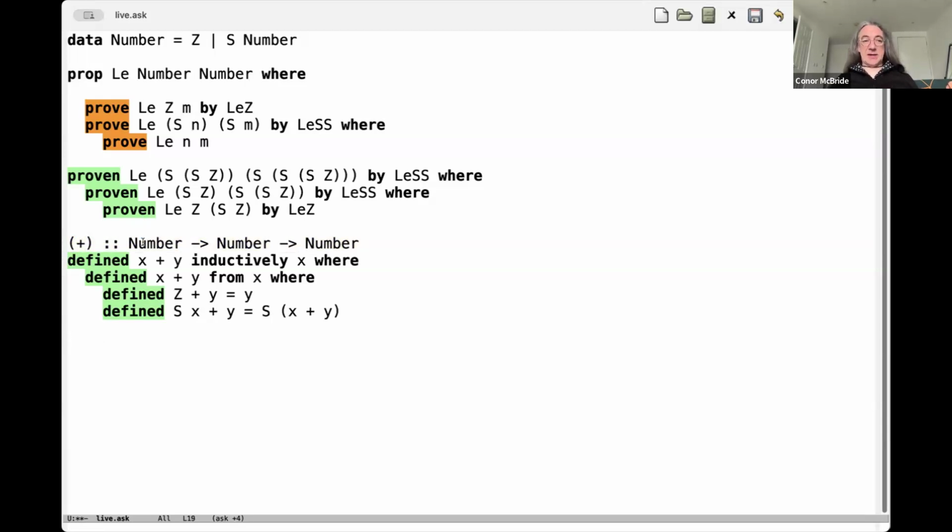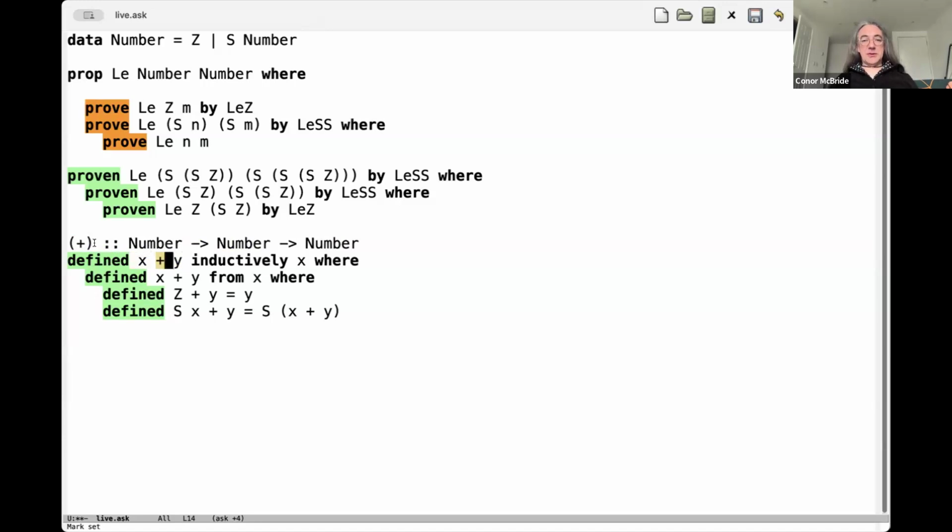So here's adding defined as an infix operator. Just a little thing to say about infix operators. They're made out of symbols like plus and times and minus and less than and greater than. They take two inputs, and when you want to give them both inputs, you put them between the inputs.